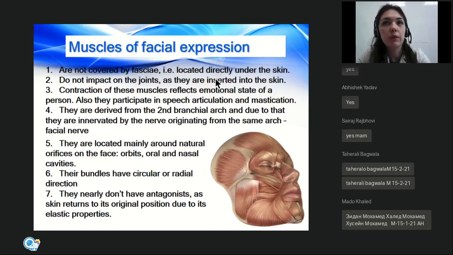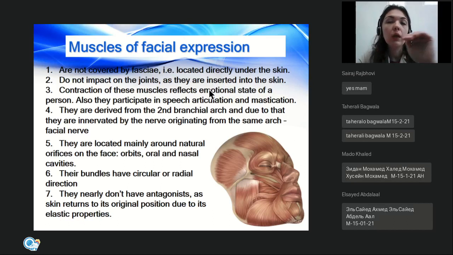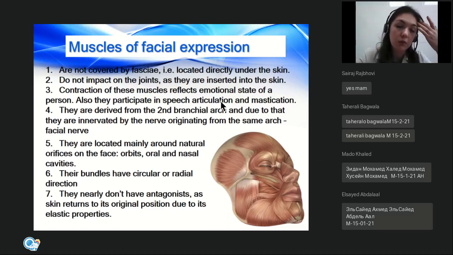Skeletal muscles are covered by skin, then subcutaneous fatty tissue, and then superficial fascia, special coverings. These muscles of facial expression are not covered by fascia, and they are located directly under the skin, inside, we can say, among the subcutaneous fatty tissue.